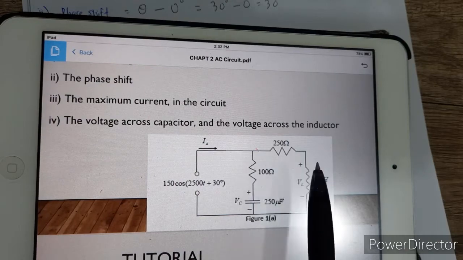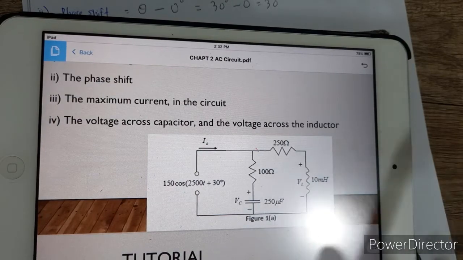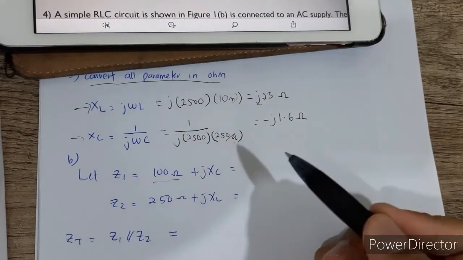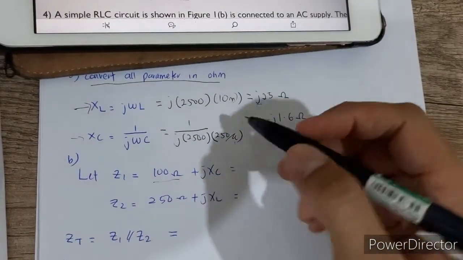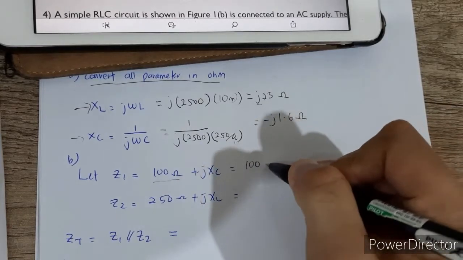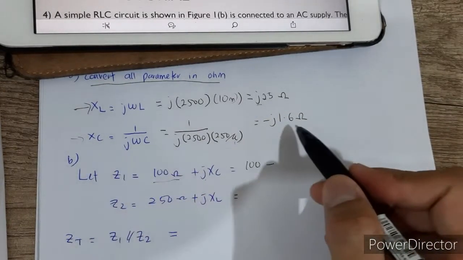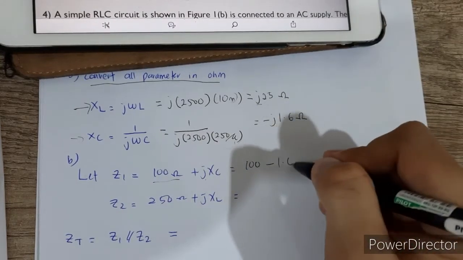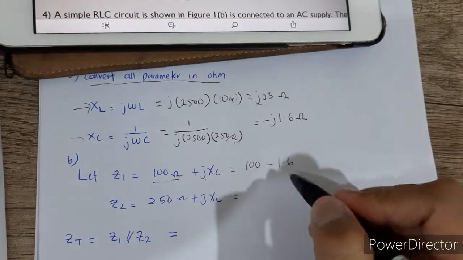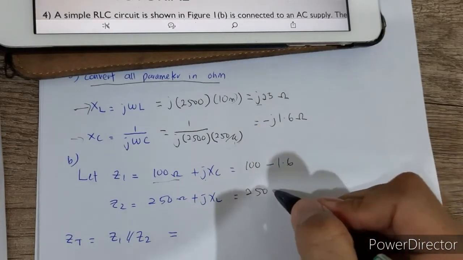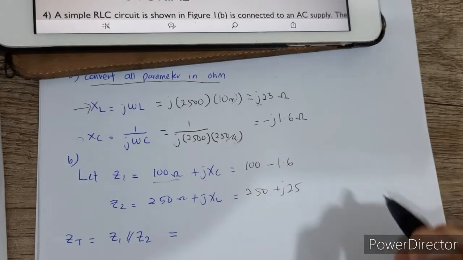So Z1 equals 100 ohm plus jXC, so 100 plus, as you can see, jXC is negative 1.6. So this is Z1, and for Z2, 250 plus jXL, which is j25.